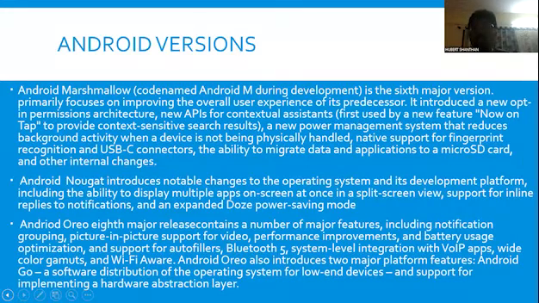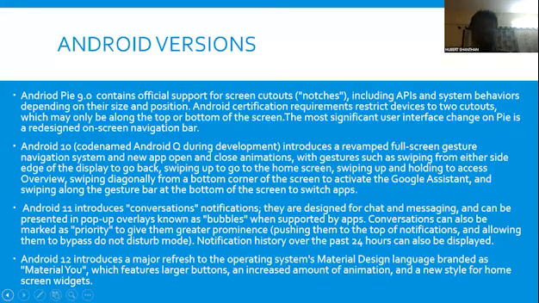In Android Oreo, they enhanced Wi-Fi and Bluetooth features and improved voice over internet for 4G devices. Next, Android Pie supports multiple features, including a screen navigation bar, notches, and system behaviors.